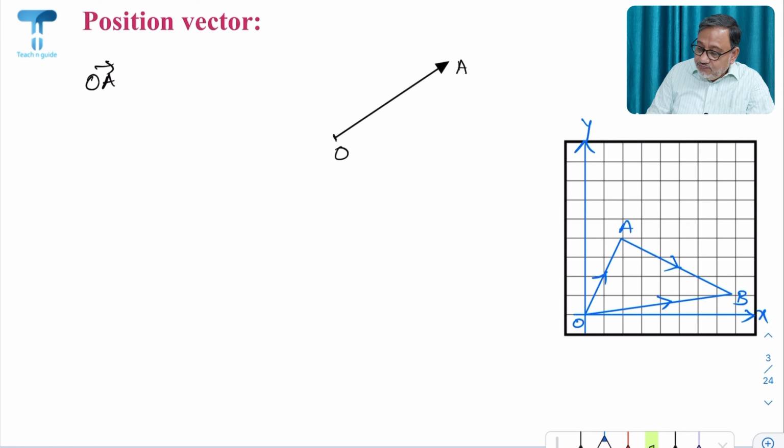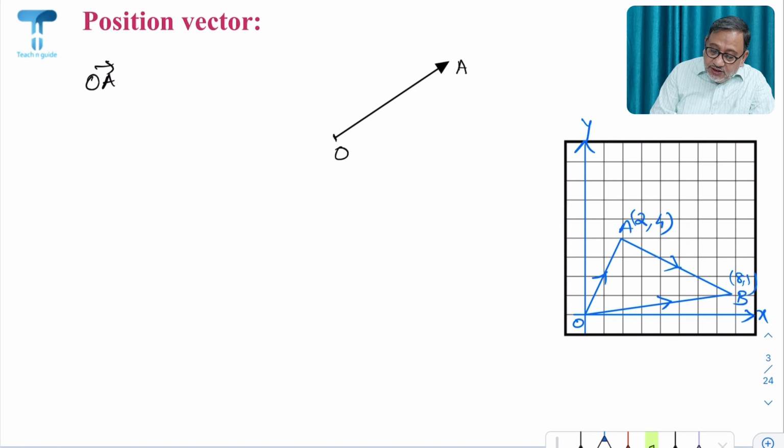Now look here, A has coordinates 1, 2 in the direction of x, 1, 2, 3, 4 in the direction of y. So 2 and 4, right? Okay, B has the coordinates 1, 2, 3, 4, 5, 6, 7, 8, 8 and 1.